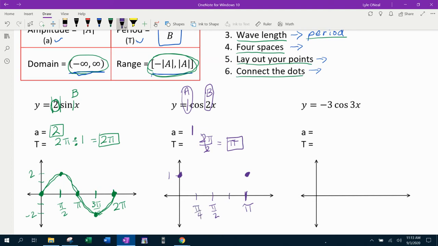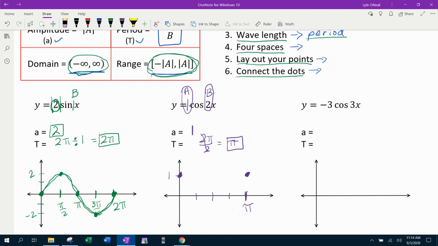And so then if I cut this in half, I know that that's going to be 3/4, because these spaces are all now a fourth. 1/4, 2/4, 3/4, 4/4 is a whole pi. So that's how you can label those. Not completely necessary, but it is nice to know how to get those. And now I'm going to get rid of those so I can connect the dots here, okay?